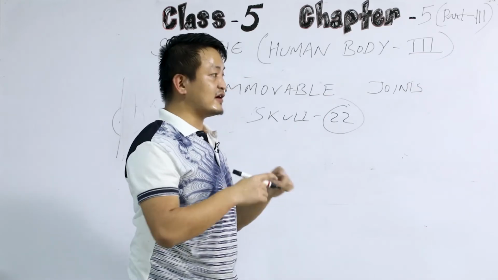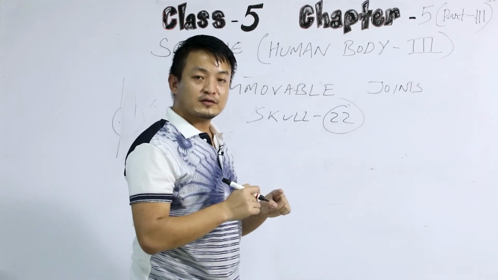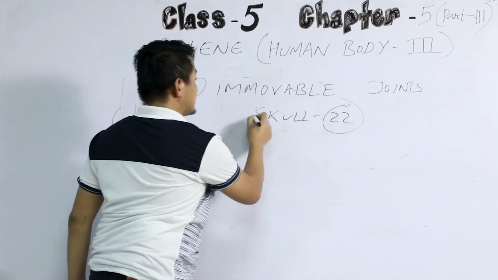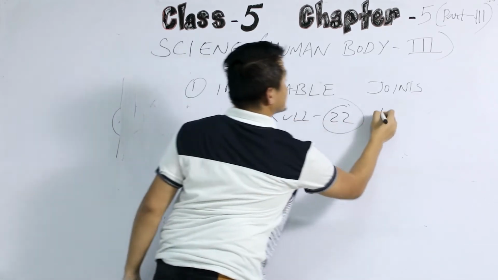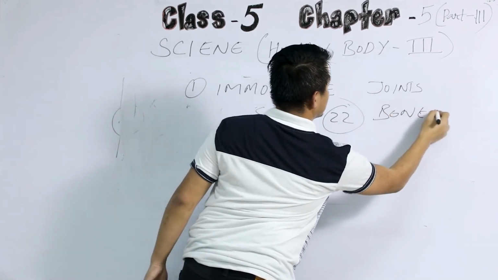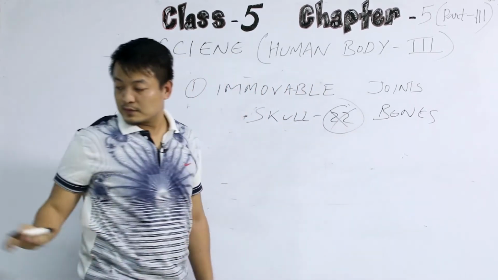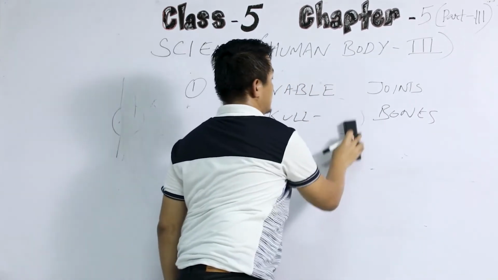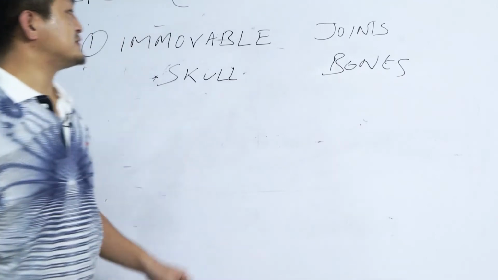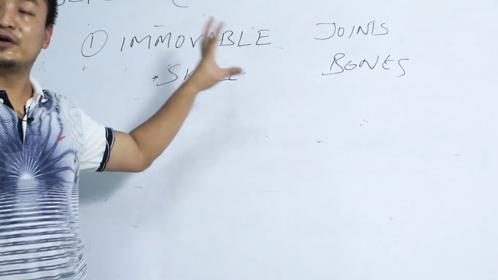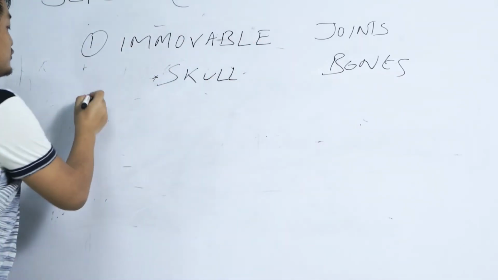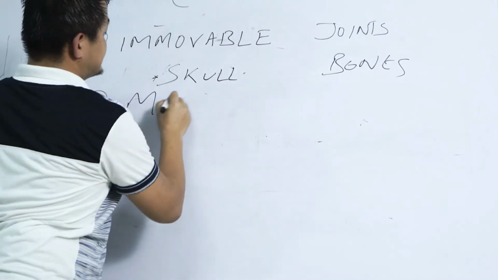Interlocked means they are fixed and cannot be moved. So you can write: the joints in the skull bones are immovable.